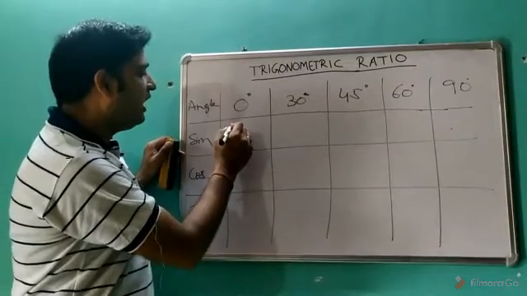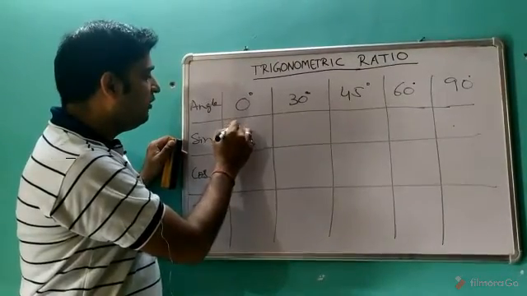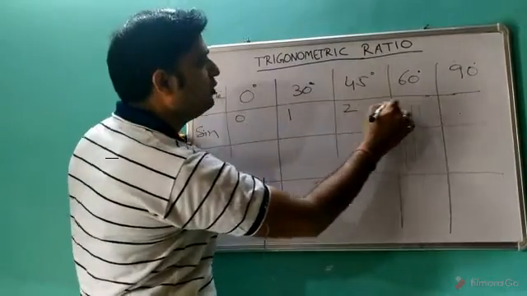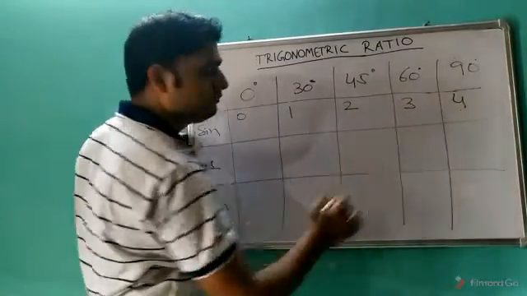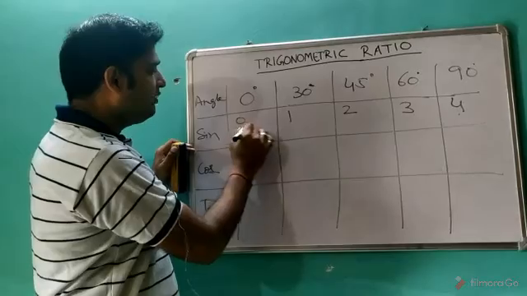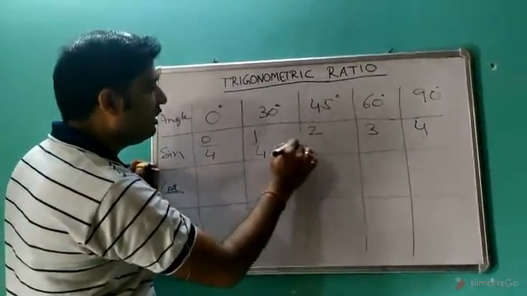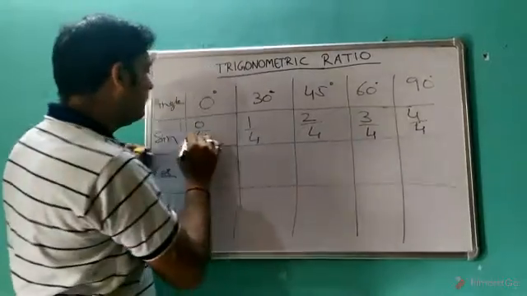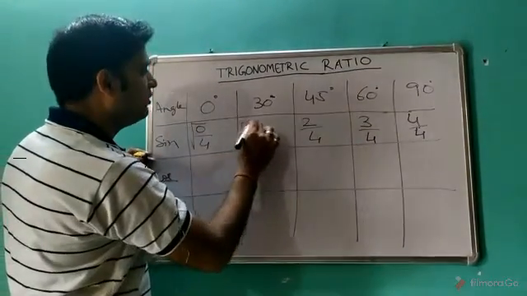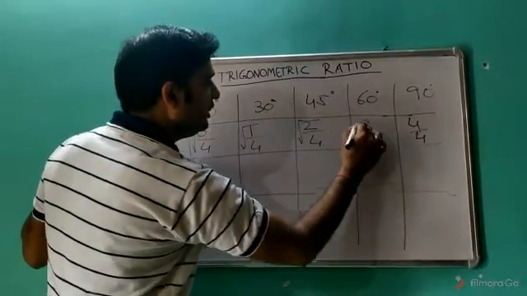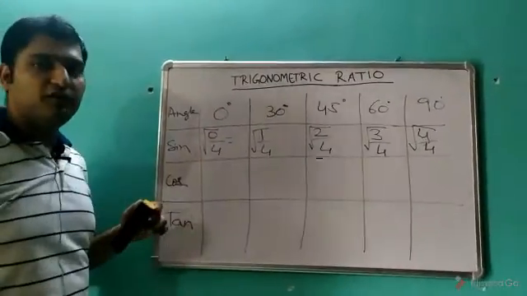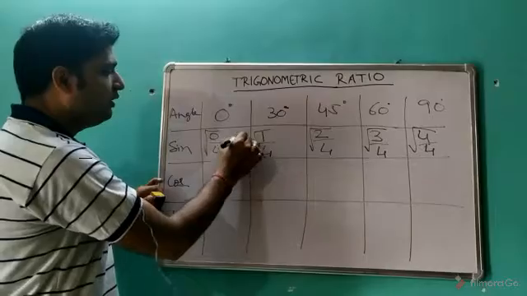So in case of sine, first of all we write 0, 1, 2, 3 and 4. Next step is to divide by 4 in each term. Then we take the under root of each term. From that we get 0 upon 4 is 0 and under root of 0 is 0.